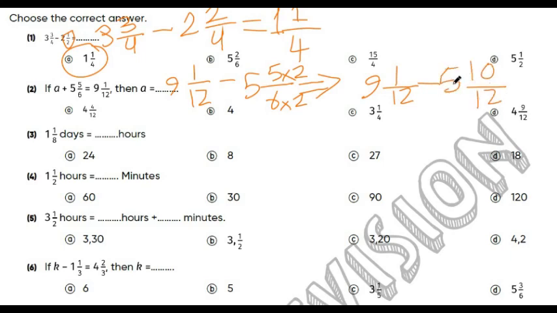But now we can't subtract this fraction from this one. Why? Because I can't subtract 1 minus 10. 10 is way more than 1. So we have to borrow 1 from this 9 in this fraction.